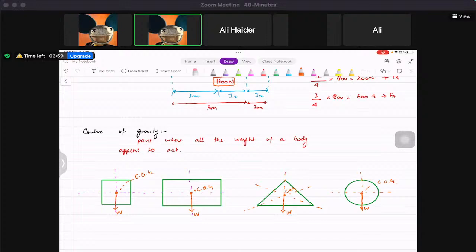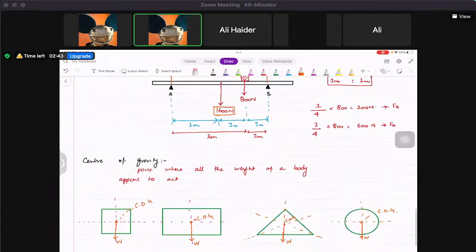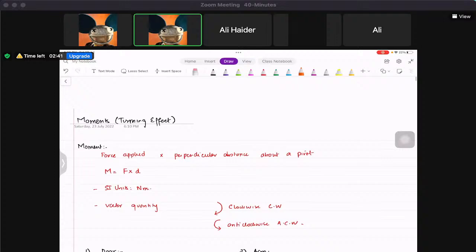What you want to do is, we're going to stop the class here and complete the chapter in the next class, and then we'll do the worksheet. Is it clear? Have you guys copied everything that we did today?